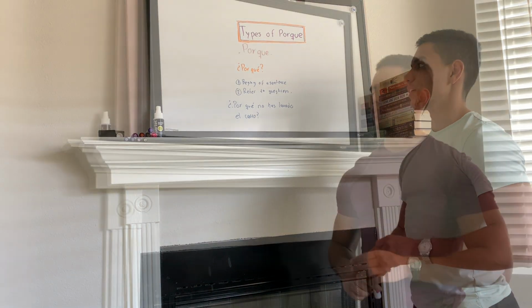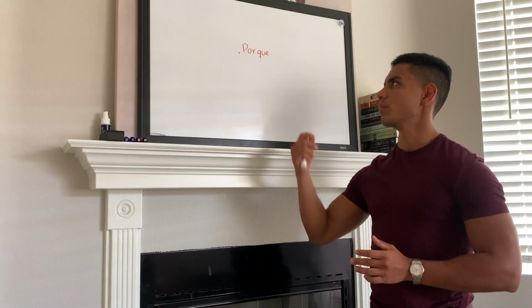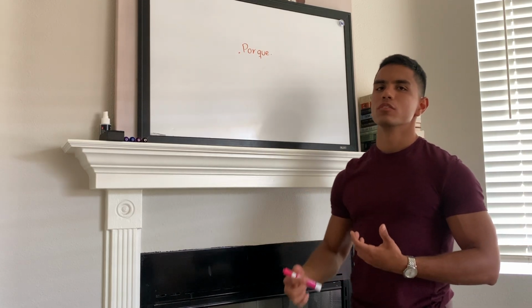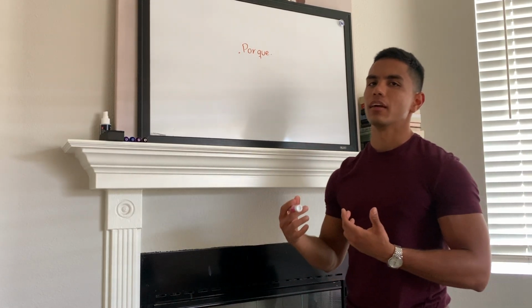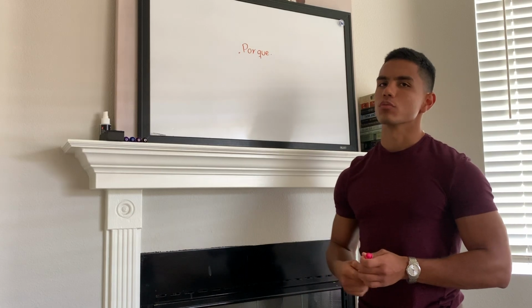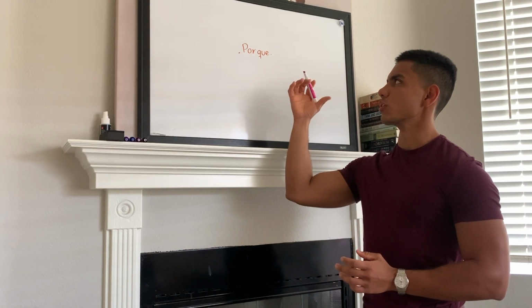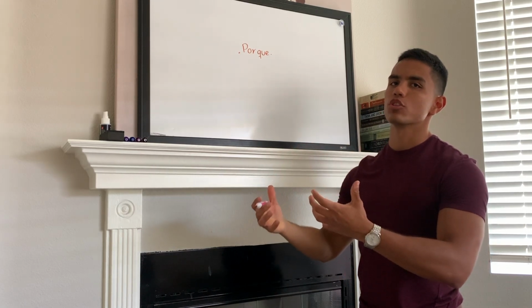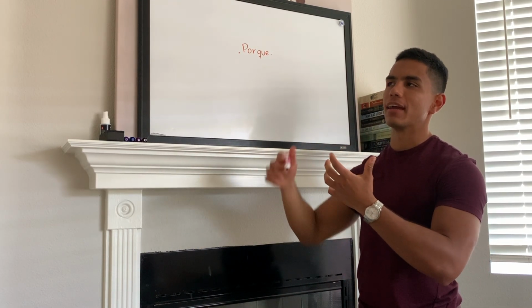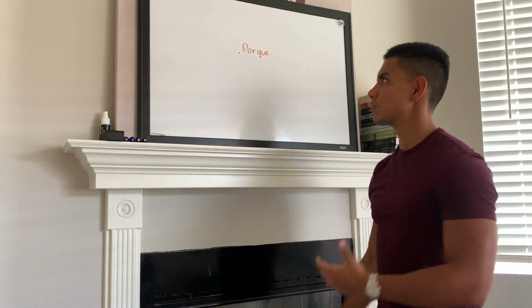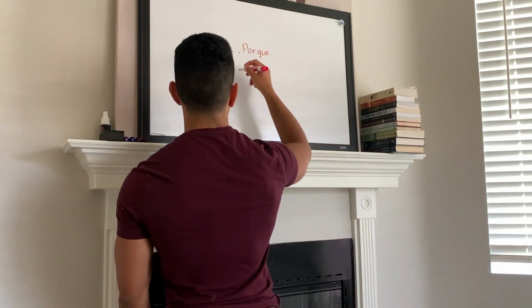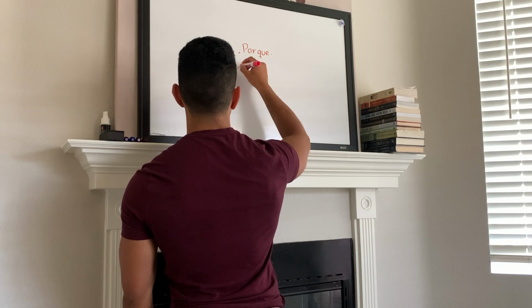Okay, so that's one. The next one is going to be porque, and this one is commonly used to respond to the previous type of por qué, to answer those questions. What I mean by that is this one is how you will answer a question of por qué with accent. This one is mostly used for cause and effect, so just remember that.